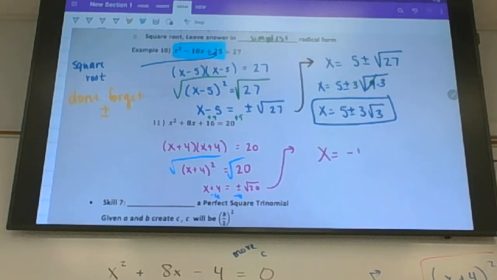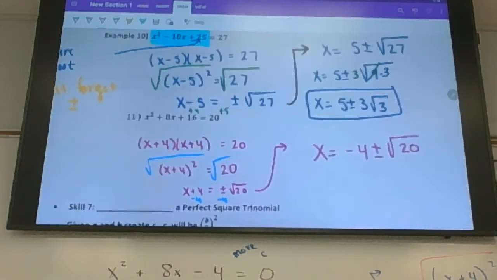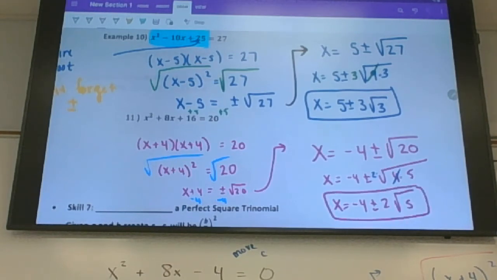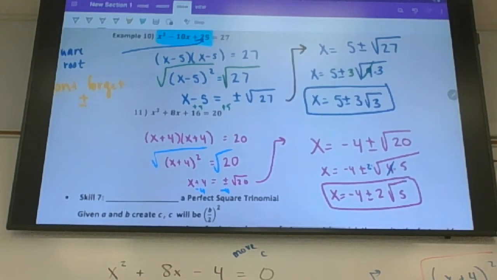X is negative 4 plus or minus the square root of 20. 20 is 4 times 5. The square root of 4 is 2. X is negative 4 plus or minus 2 square root of 5. It's not terrible.